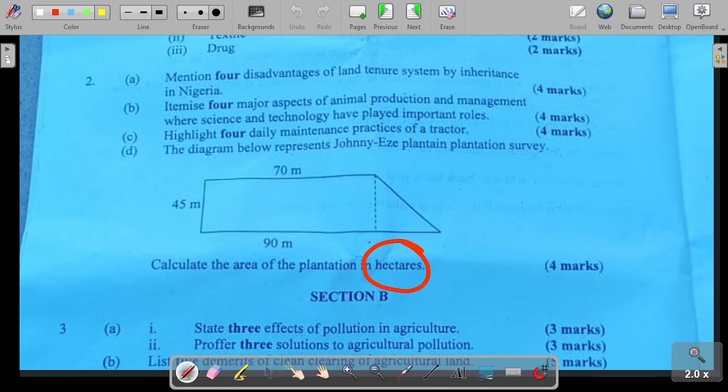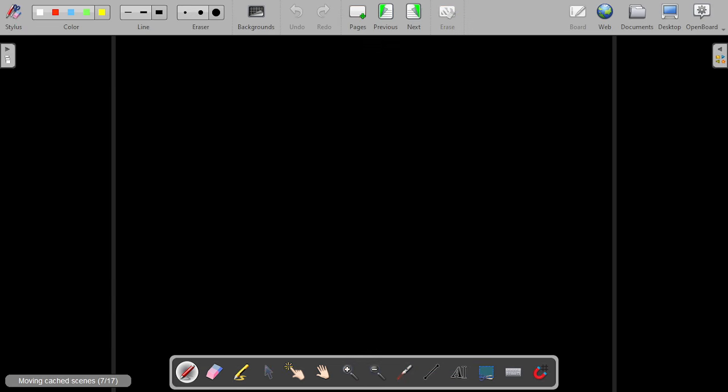So 3B says provide 3 solutions to agricultural pollution.